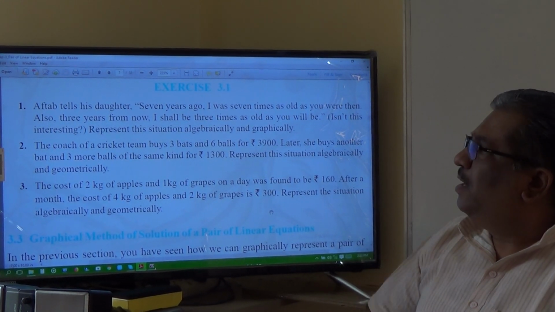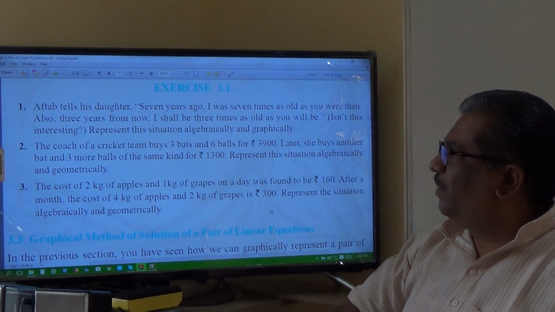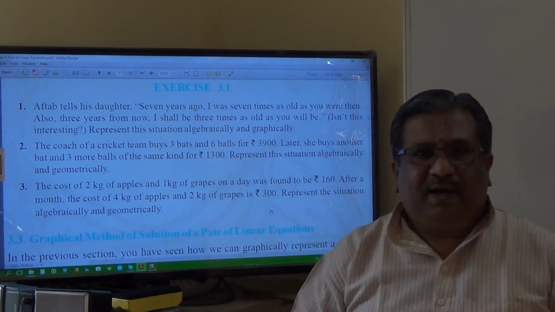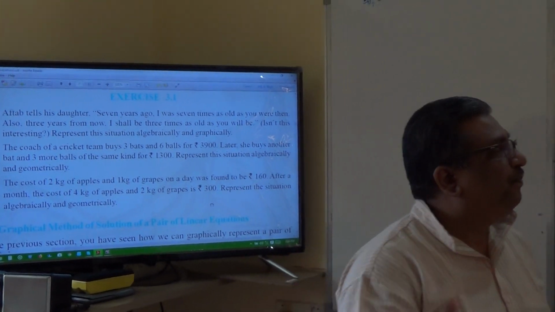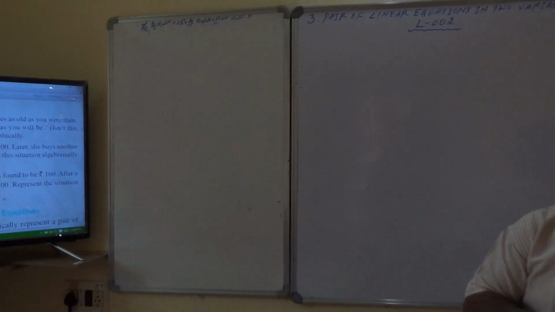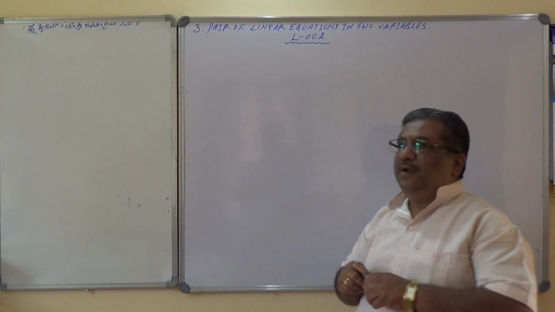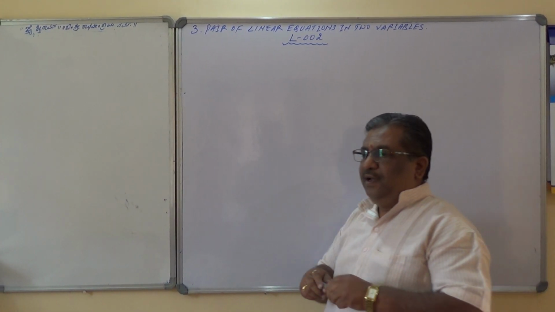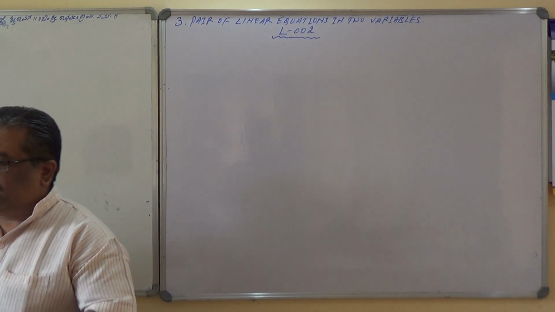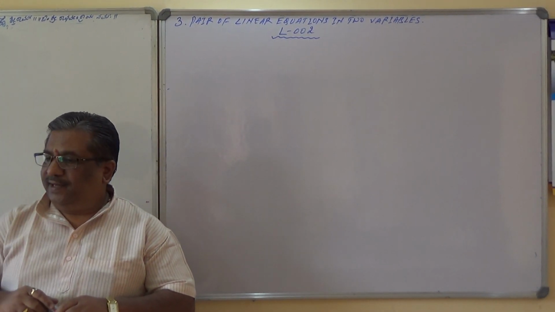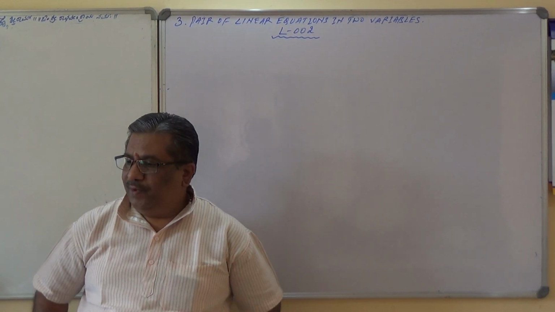So refer to your textbook, open exercise 3.1 and the first problem, and let's see how to solve this question. In the question you have seen, Aftab tells his daughter, 7 years ago I was 7 times as old as you were then. Also 3 years from now I shall be 3 times as old as you will be.